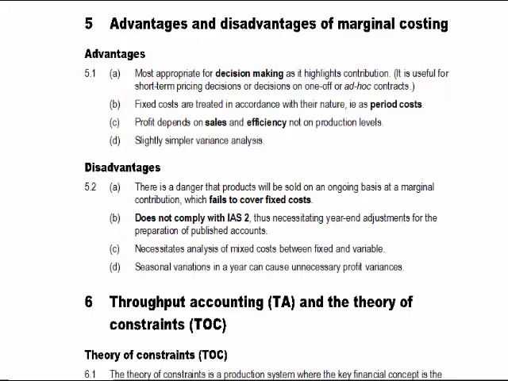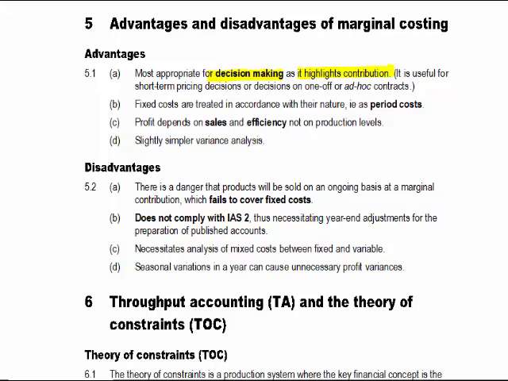Finally, let's look at the advantages and disadvantages of marginal costing. What we've seen is that contribution is calculated, and contribution is something that we can actually control in the short term. So it's very useful for decision making because it highlights that contribution.